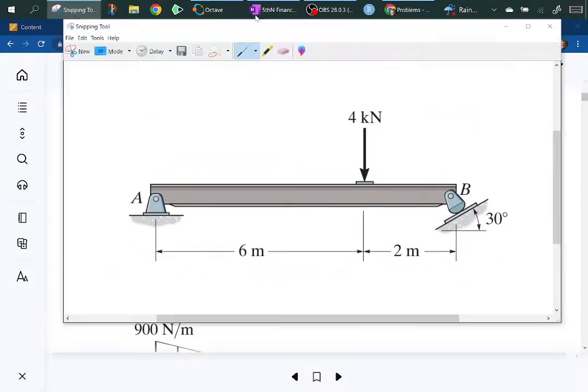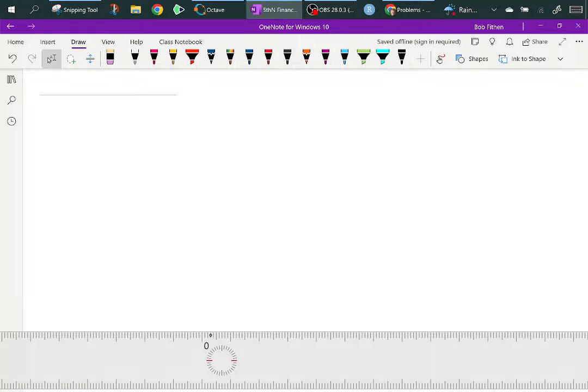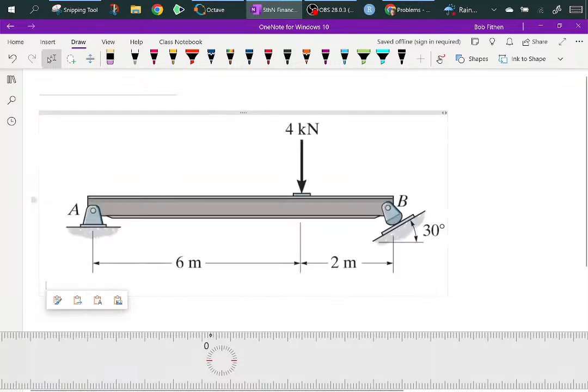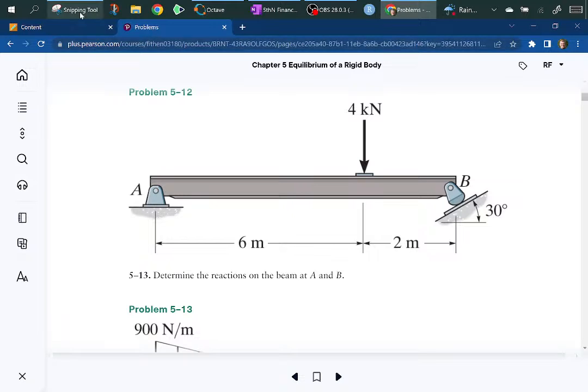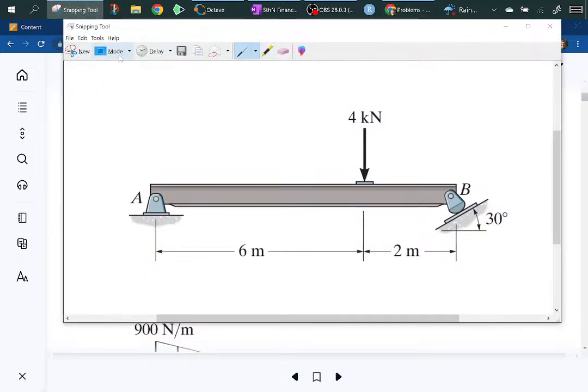Just going to drop this over into here. Now, you want to do a free body diagram of this. What we'll do is go back over to it. This time, we will do it free-form.